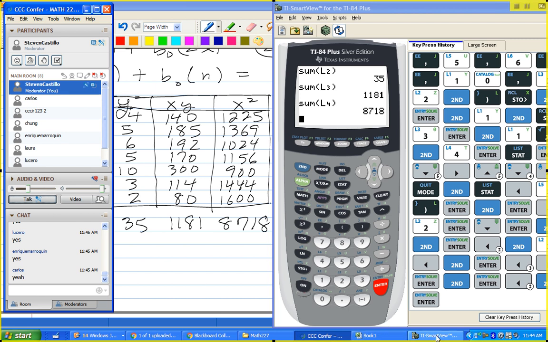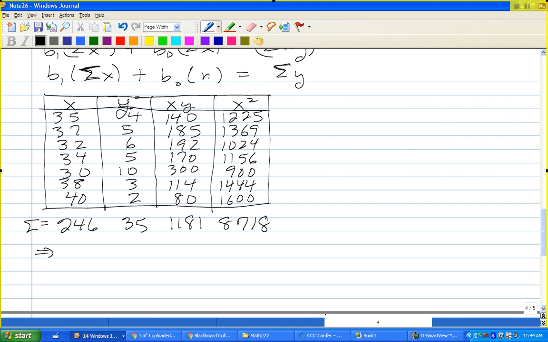Okay. So let's go back. So it's 8718 B1 plus 246 B0 is equal to 1181, along with equation 246 B1 plus, there are 1, 2, 3, 4, 5, 6, 7 numbers, 7 B0 is equal to 35.